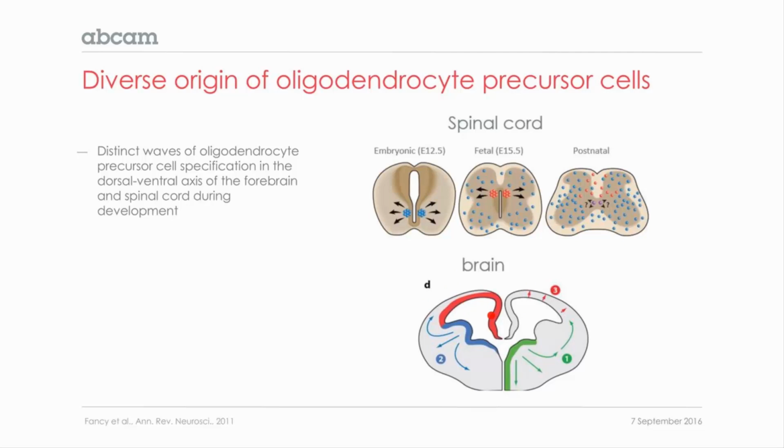This diversity of origin of the oligodendrocyte precursors could then suggest that they would originate different kinds of oligodendrocytes, possibly with different functions.